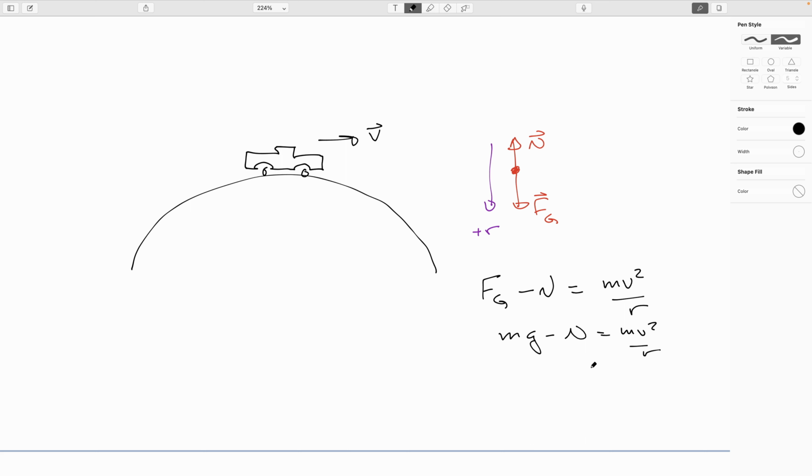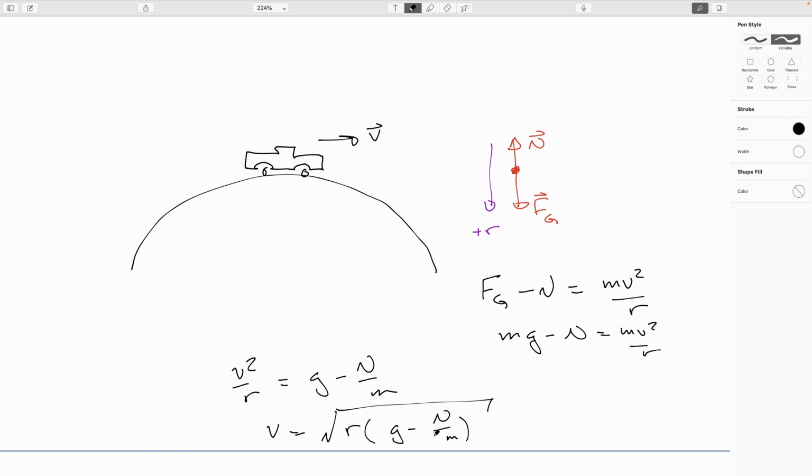And now we can figure out what our maximum speed is before we lose contact with the ground and go flying off in a parabola off the edge of the hill. So again, dividing both sides through by m, we'll have v squared over r is equal to g minus n over m. And we can rearrange that to get that v is equal to the square root of r times the quantity g minus n over m.